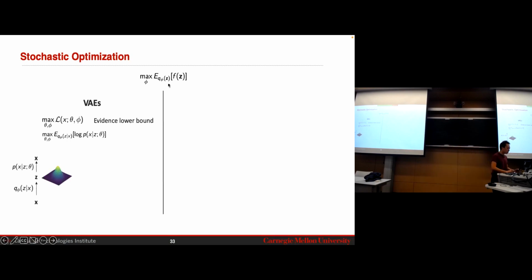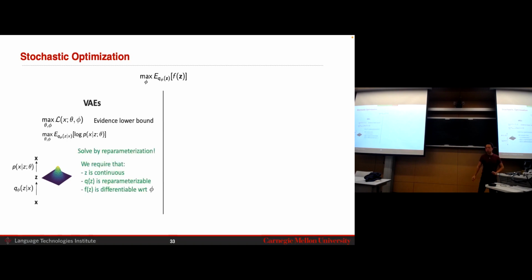The Z over here are my latent variables, the intermediate of my variational autoencoder. My Q of phi of Z, my distribution over my latent variable Z, depends on the encoder parameters phi. And my F of Z is the log likelihood of my data after I've obtained some Z. How likely the Z is able to reconstruct my data.